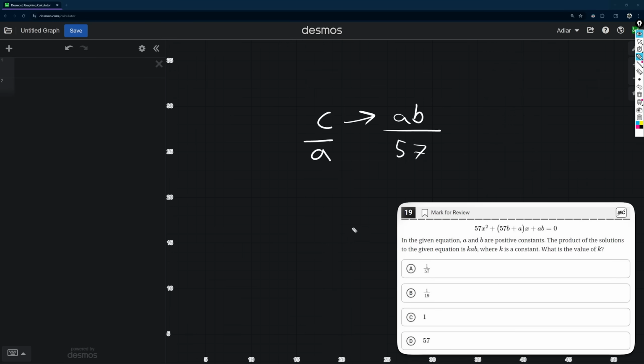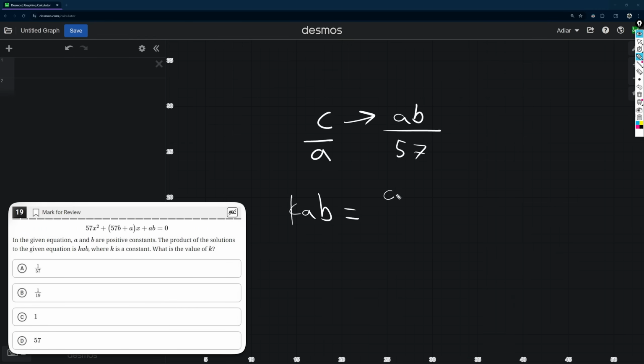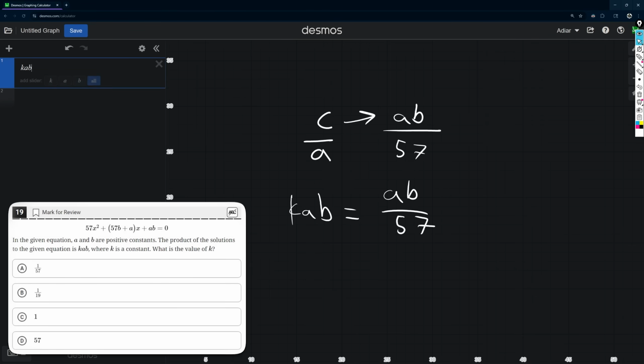However, the problem tells us that the product of solutions is KAB. So KAB equals AB over 57. So we can use regression if we would like to, but we really don't need to. KAB is equal to AB over 57. So K is equal to 1 over 57.